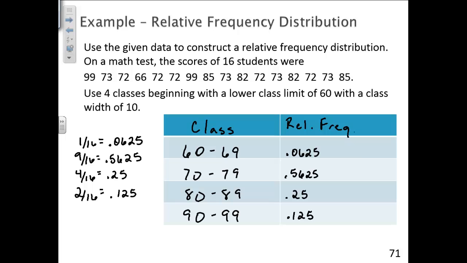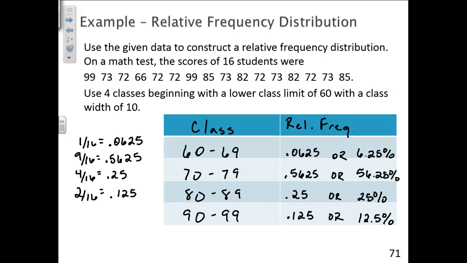Another way they may want you to list the values is as a percentage. So, if we are to change each one of these to a percent, we would just move our decimal 2 places to the right, so that would be 6.25%, 56.25%, 25%, and 12.5%.